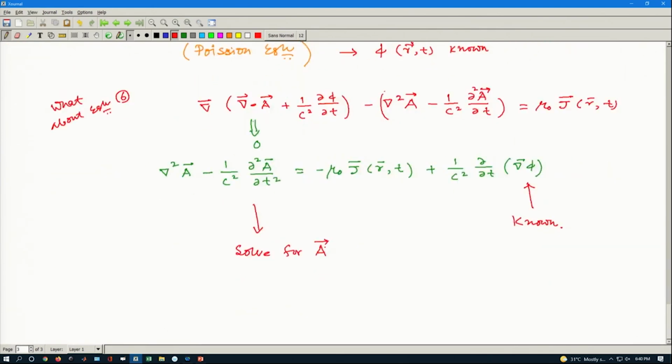Once A and phi are known, you can exploit them to find your E, which is minus del A del t minus the gradient of phi, and your B is curl of A. So, both you can calculate, because phi is known and also A is known.